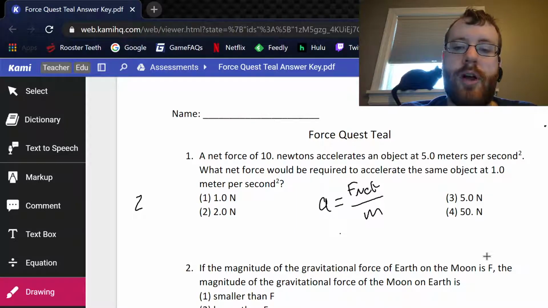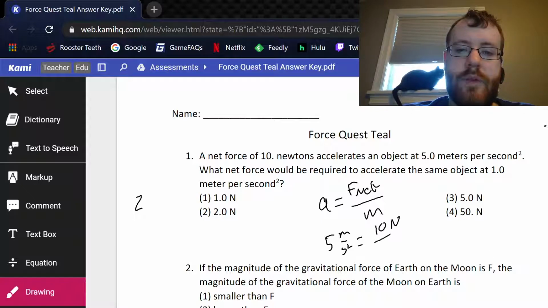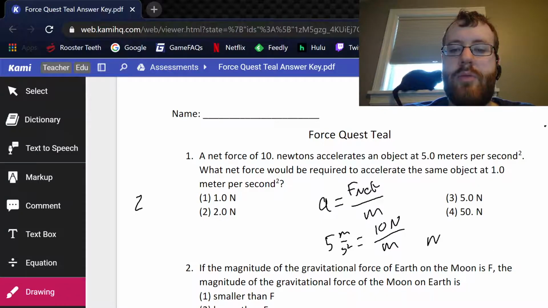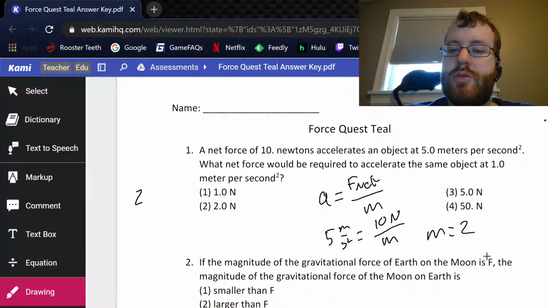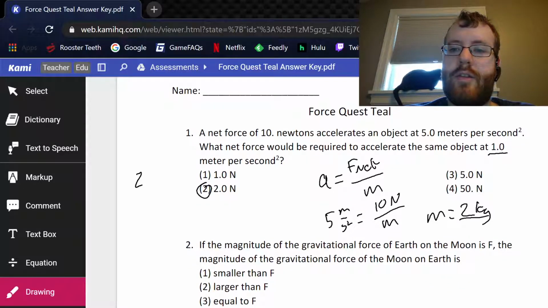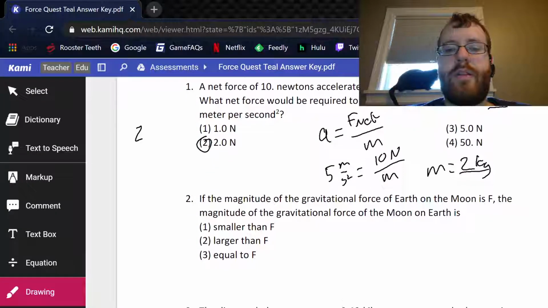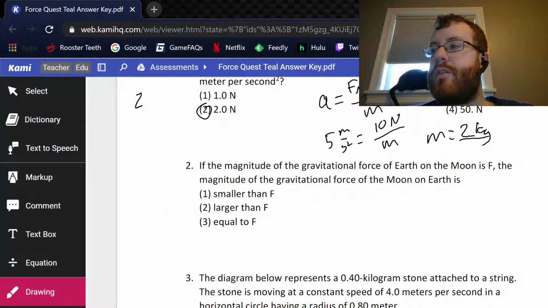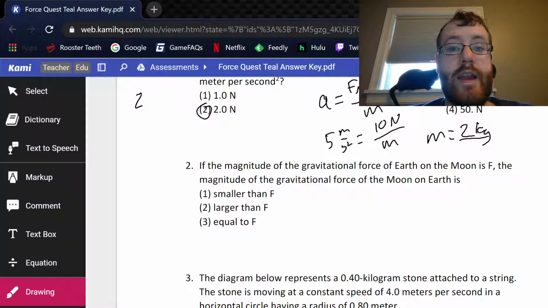So I'm just going to plug in my values of 5 is equal to 10 divided by our mass, and we should get a mass of 2 kilograms. And now with our 1 meter per second squared and our 2 kilograms, if you do the math on that, we should get 2 newtons as our answer. Hopefully that makes sense.